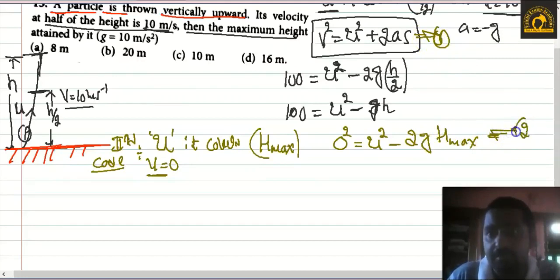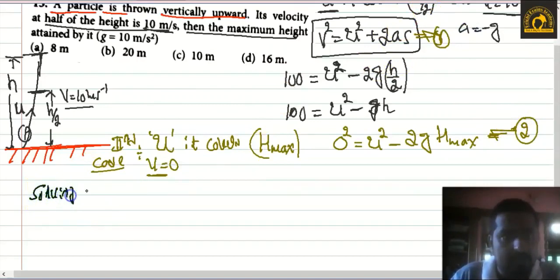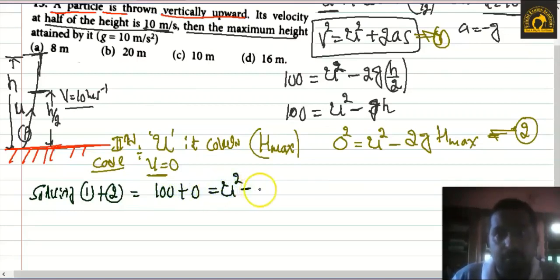From equations 1 and 2, solving them, we can easily get the answer. So equation 1: 100 is equal to u square minus gh.